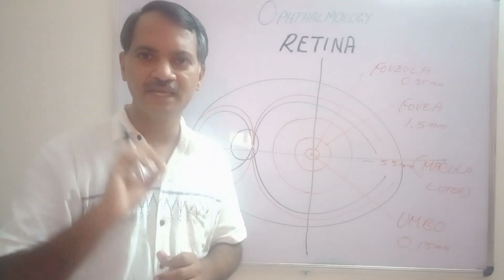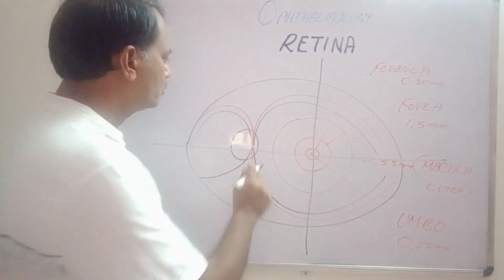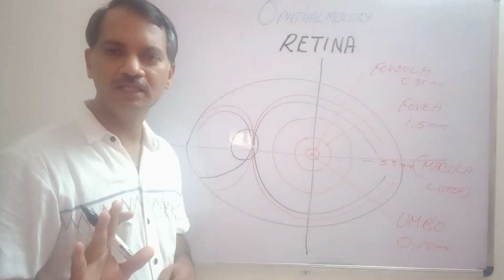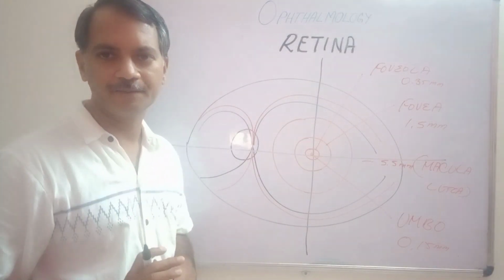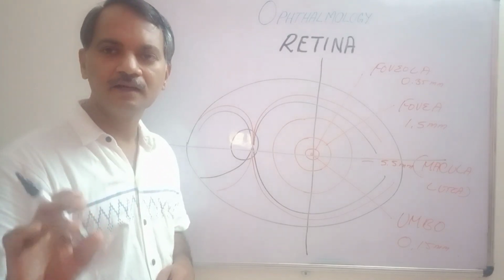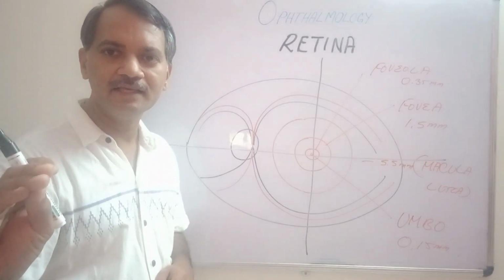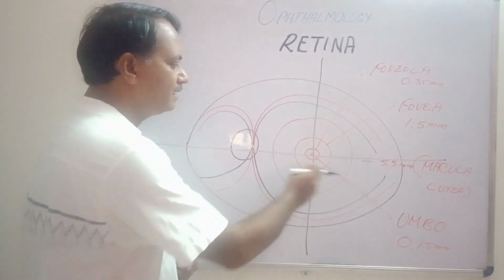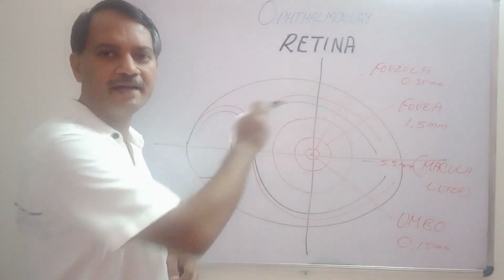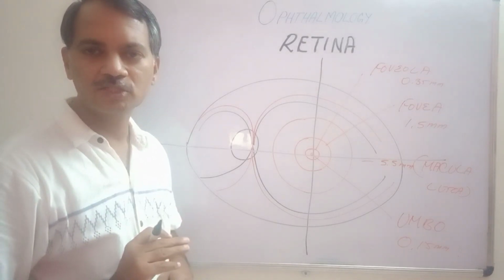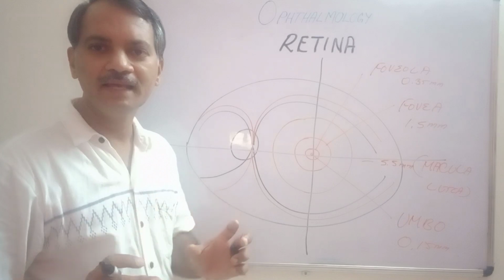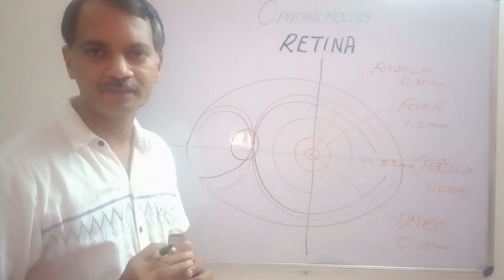You should not mistake that you have to draw the line through the optic disc. Optic disc is not the center of the retina. Optic disc in fact does not directly give you any vision. It just passes the nerve fibers out of the eye towards the brain. It does not have any other functions apart from being a transmitting unit.